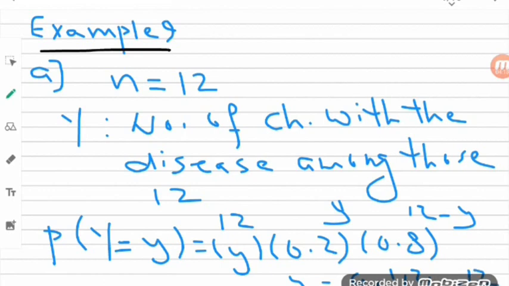So within the finite number 12, we can have none of the children have the disease, maybe 1 child have the disease, 2 up to 12. Number A, we're interested in having 3 children with the disease.